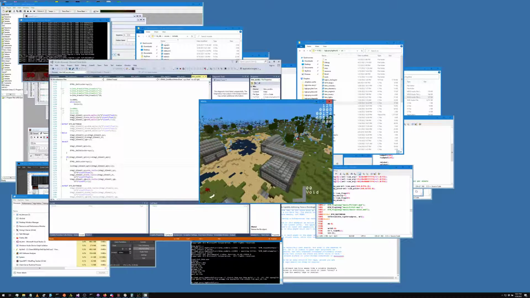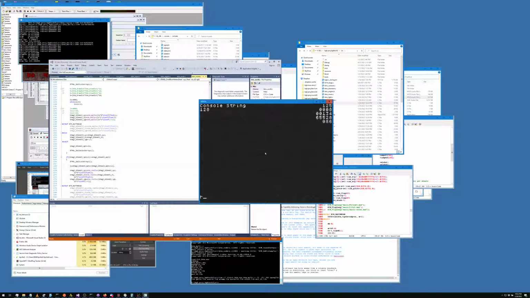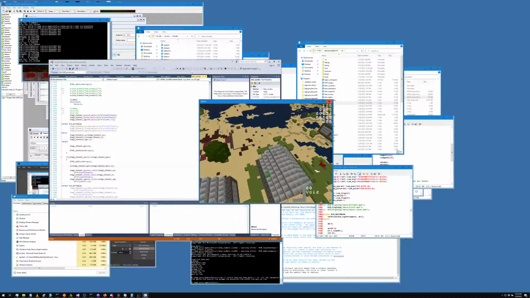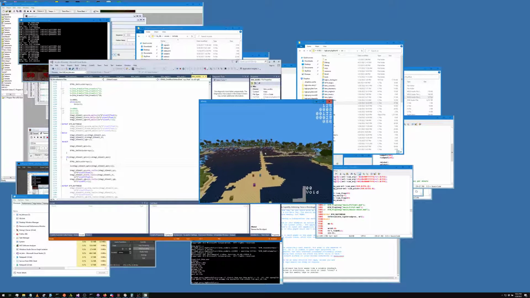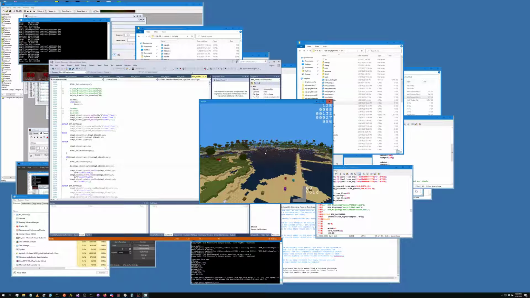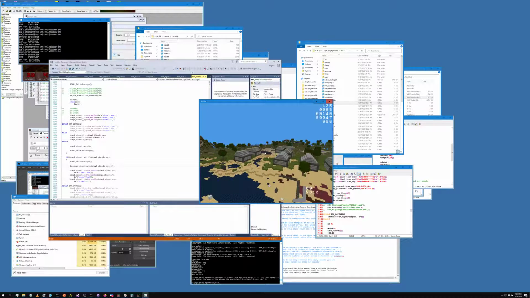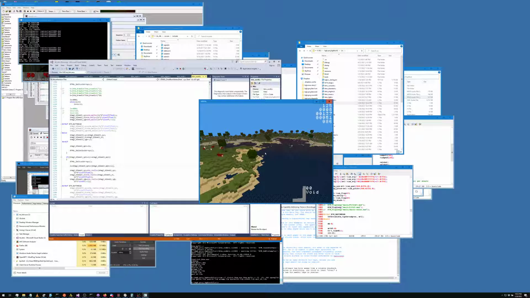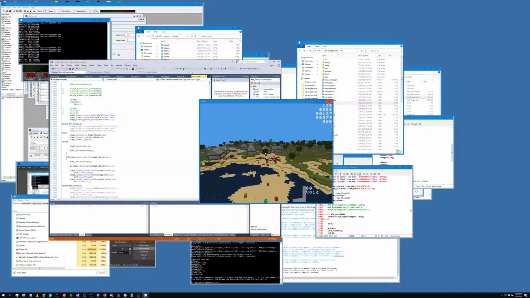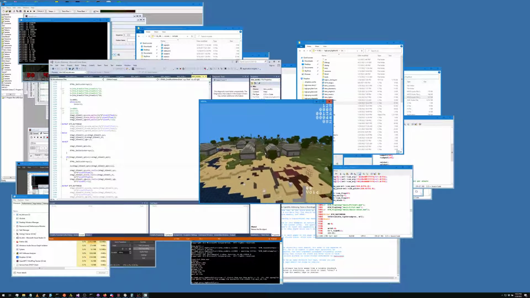So, dropping it back down to 192. And it is mostly catching up.